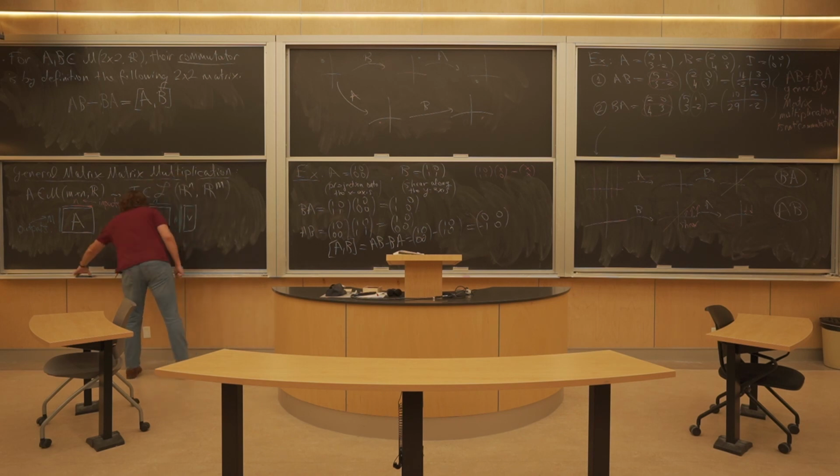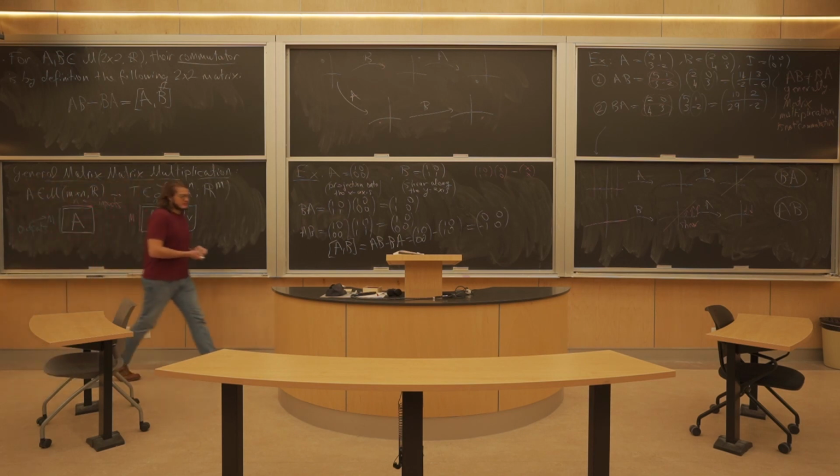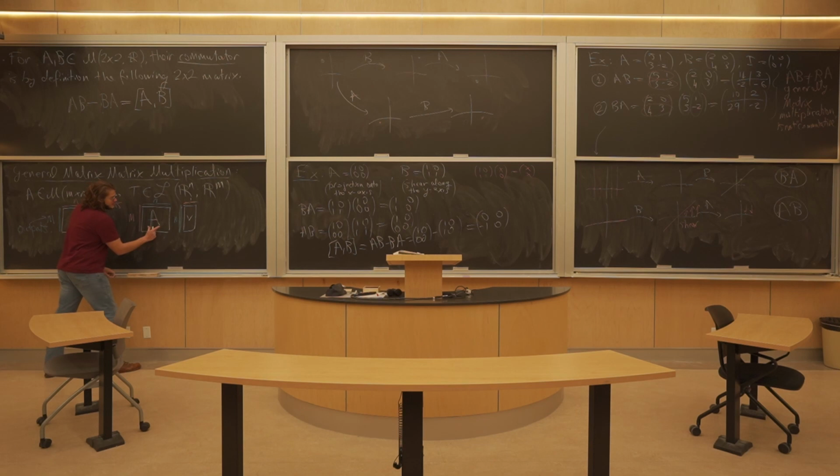Okay, I guess the colors match. And then let's use another color. Let's say orange, N by 1. So when I'm applying this matrix to this vector, I need this to match with this. Okay? And at the end, I'm going to get something, which is A times V, which is going to have dimensions m by 1.